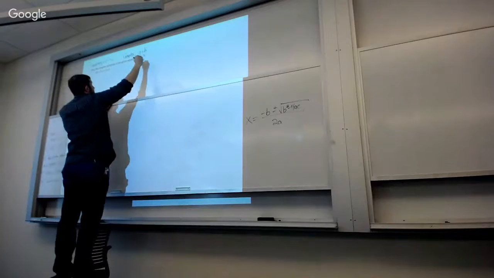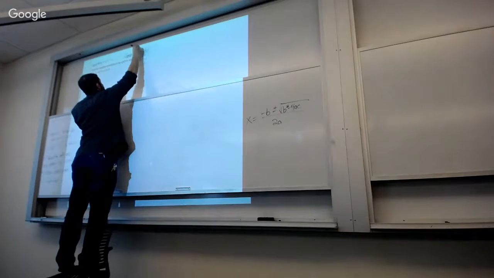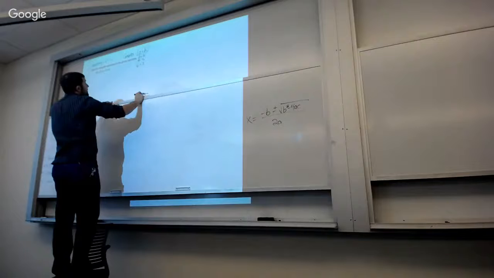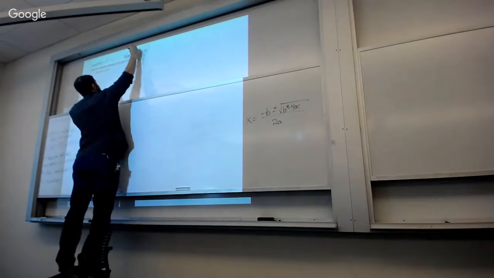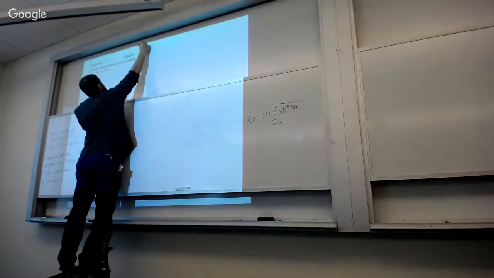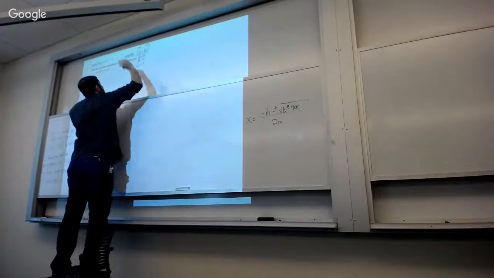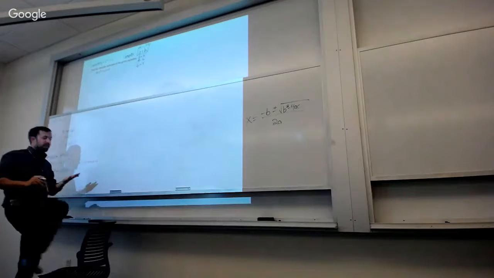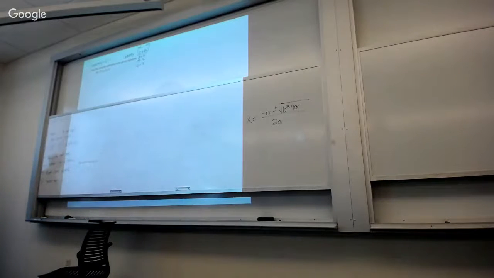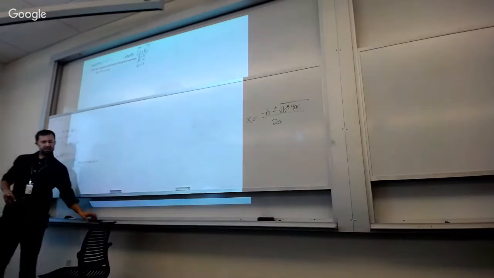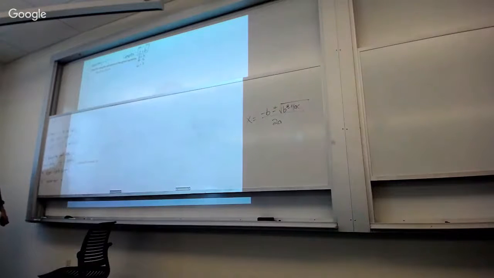So a complex number has a real and an imaginary part. We call A the real part, and we call B the imaginary part. And that's what we call a complex number. It's complex because it's a little bit of both. A complex number has a real component and an imaginary component.